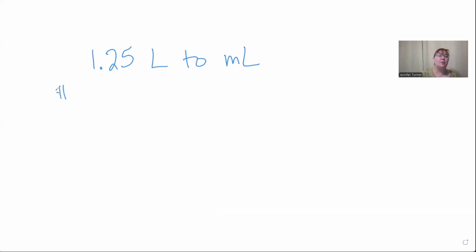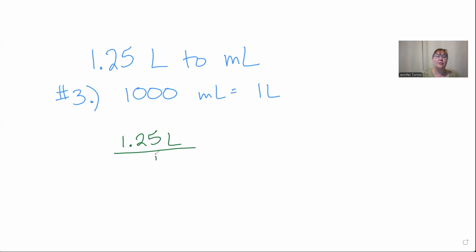Now, from line number 3 in the chart above, it says that there are 1,000 milliliters in 1 liter. Okay, and so we can set this up here. Again, we start with our given 1.25 liters over 1. And because we have liters on the top, we need liters on the bottom here. And there we go with our milliliters.